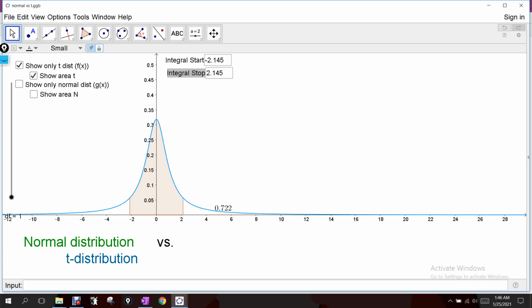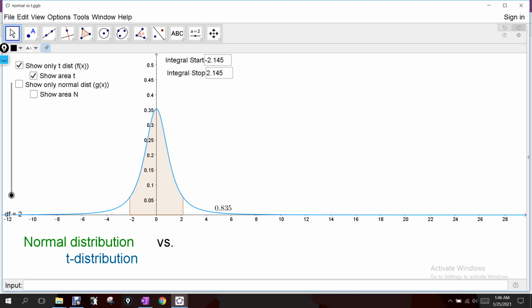That gives me 0.722, which doesn't match up to 95%, but look at my degree of freedom right now. I have a degree of freedom of 1. So let's get that degree of freedom up to 14, and there you see that it grows to an area of 95%. But if it was a lower degree of freedom, it's a lesser area, lesser confidence.